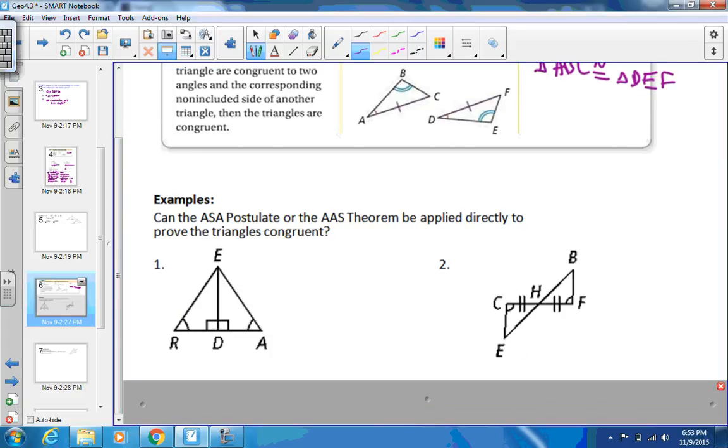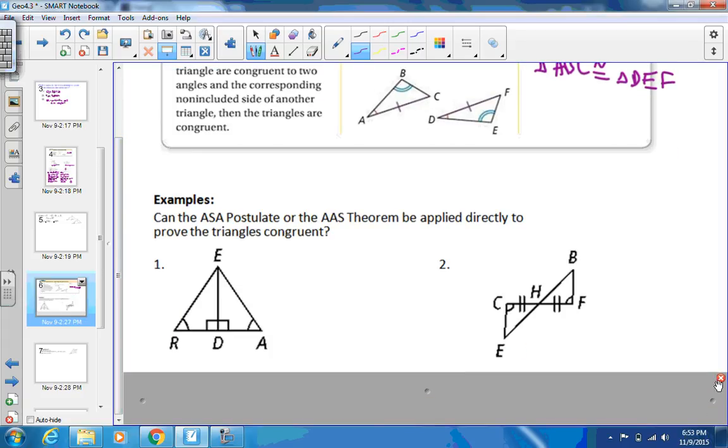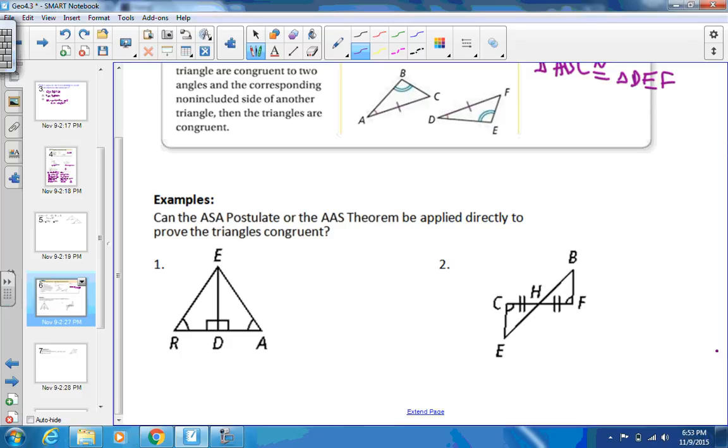So let me do an example with that, or two here. So, question says, can the angle side angle postulate or the angle angle side theorem be applied directly to prove the triangles are congruent? Well, let's look. We have angles congruent. We have another set of angles congruent because these are right angles.